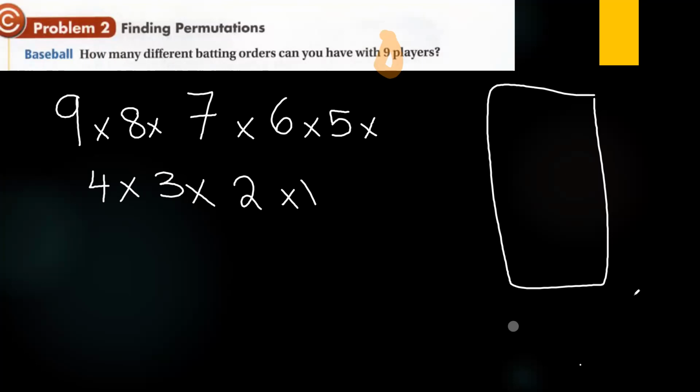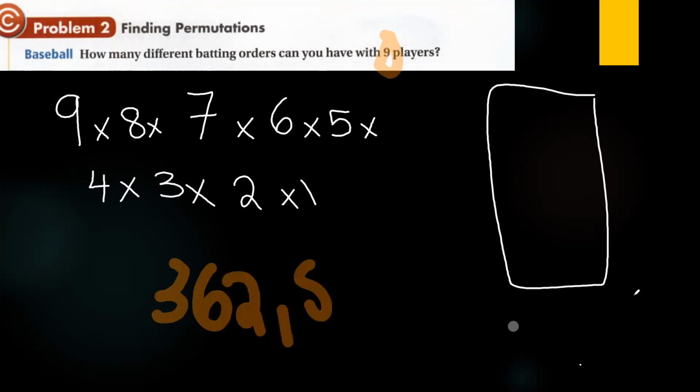Nine times 8 times 7 times 6 times 5 times 4 times 3 times 2 times 1, which is 362,880. So you have 362,880 methods to arrange 9 players in the class.